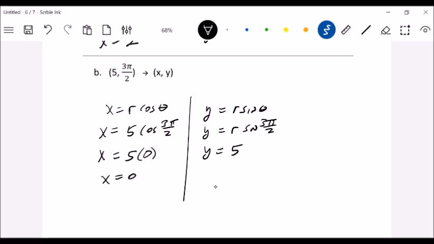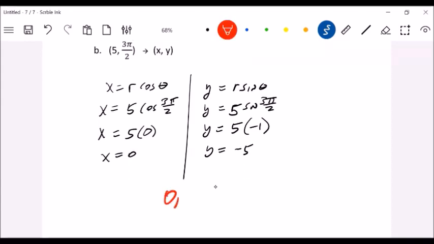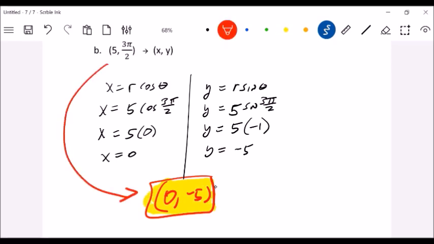I should have put 5 in here. In fact, I'll do it now. And the sine at 3 pi over 2 is negative 1. So y is negative 5. So our answer here is 0 and negative 5. And that's the same as 5 and 3 pi over 2. Okay, if you got that, you're in very good shape with it. If not, look at what I did on the differences for these.